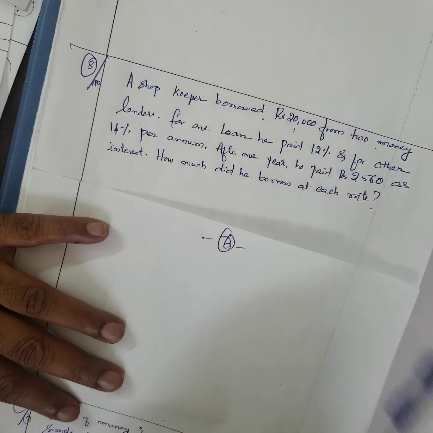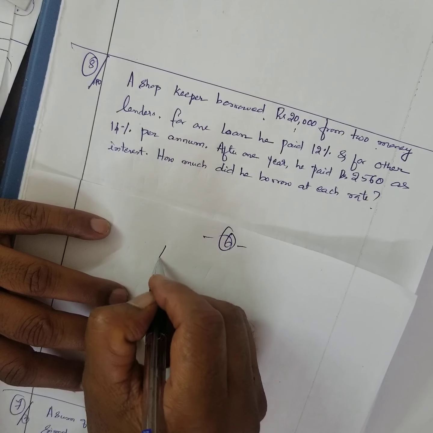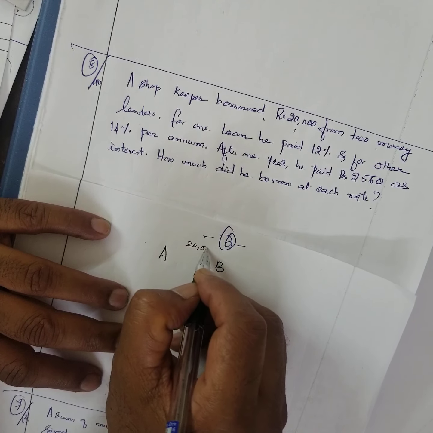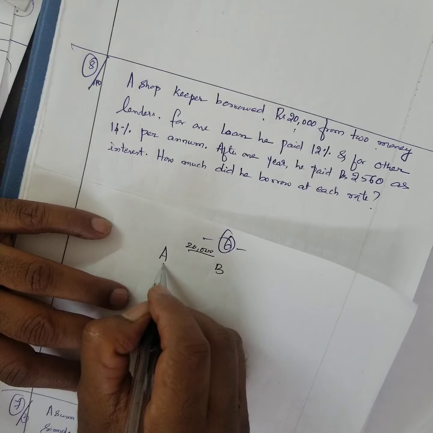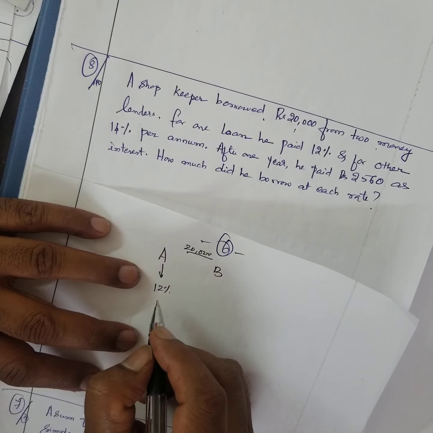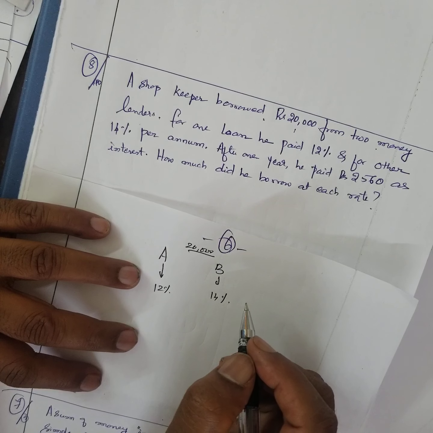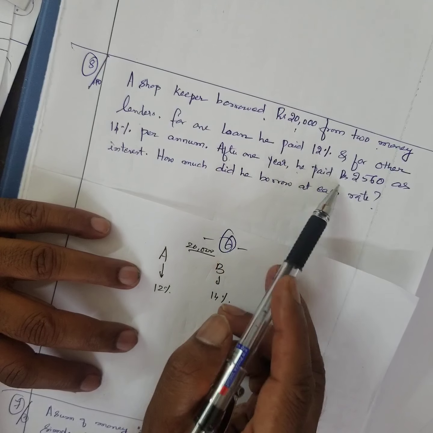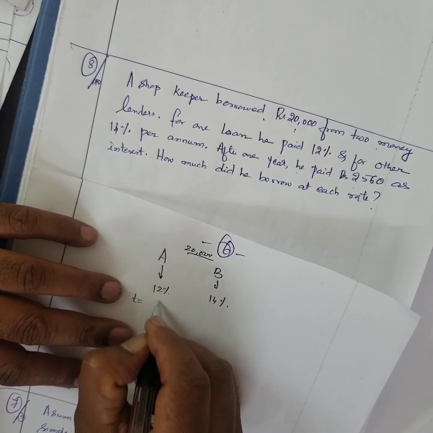The shopkeeper borrows from 2 money lenders A and B. How much did he borrow? 20,000 as a loan. He paid how much? 12%. In the other place, what? 14% per annum. After 1 year, he paid. T is equal to 1 year.